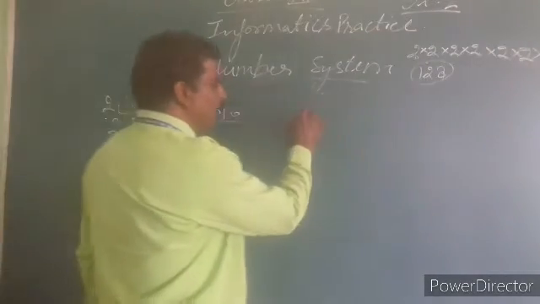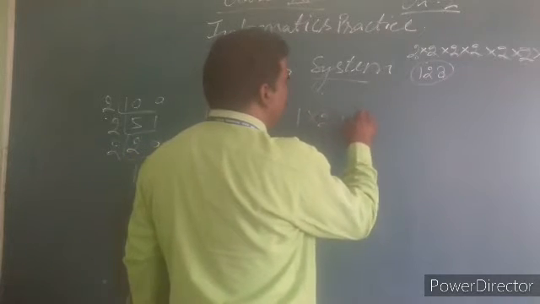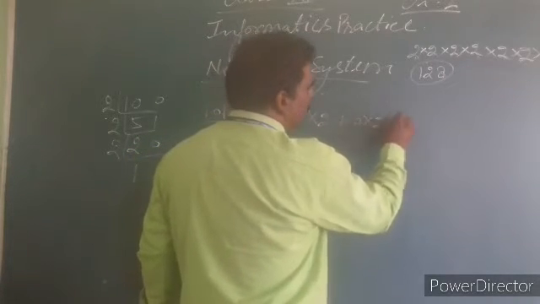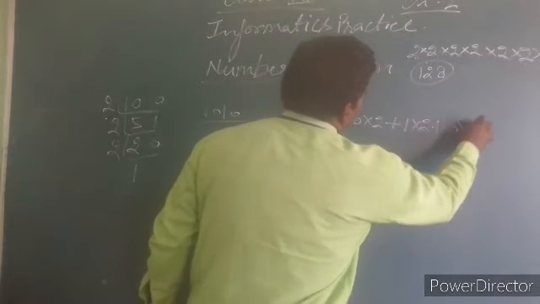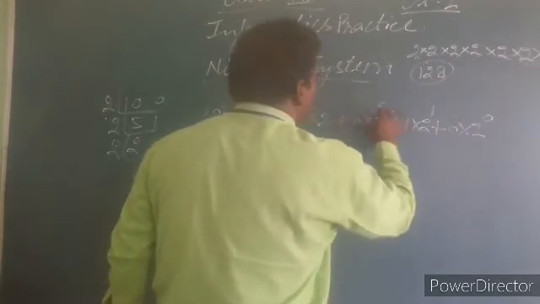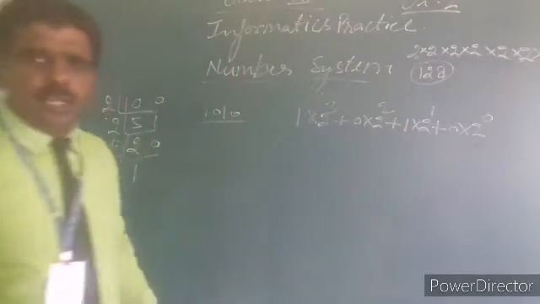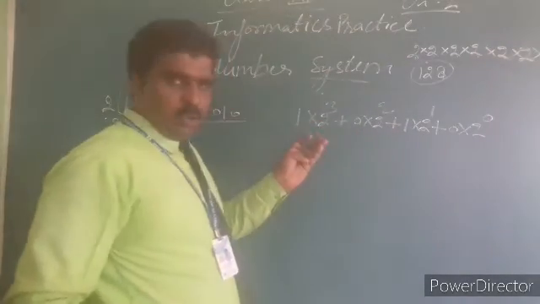After that, if you want to check it, 1 into 2 plus 0 into 2 plus 1 into 2 plus 0 into 2. After that, 0 1 2 3, it will be written as a power. Check it.